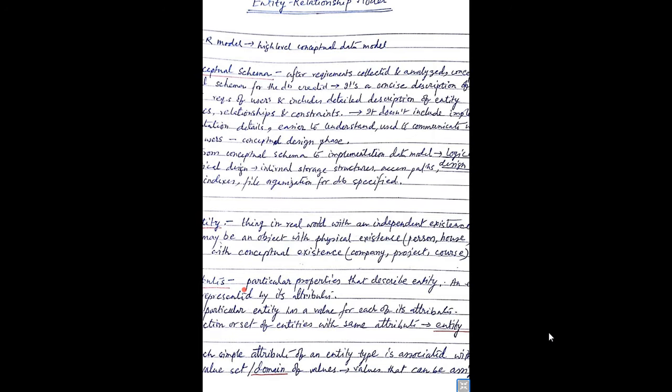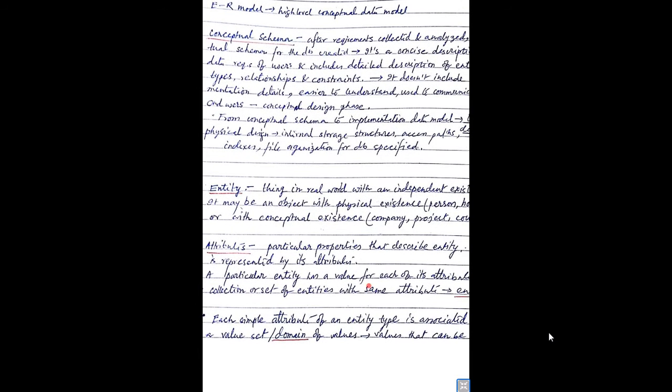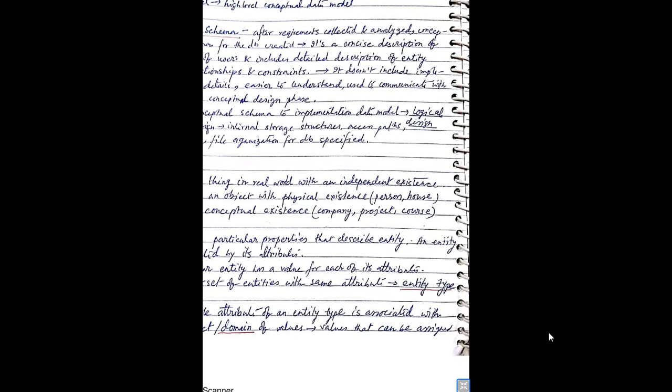Now the next term is attribute. The particular properties that describe an entity are represented by its attributes. That is the definition of attribute: the particular properties that describe the entity.